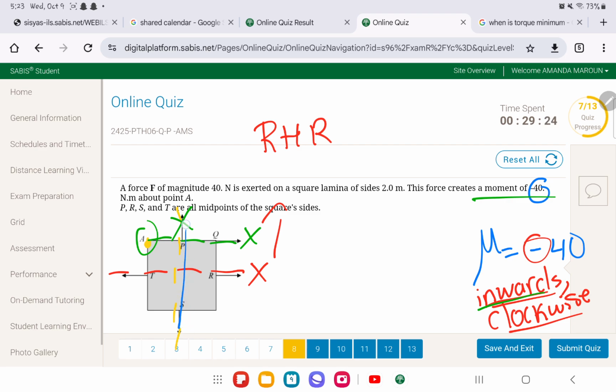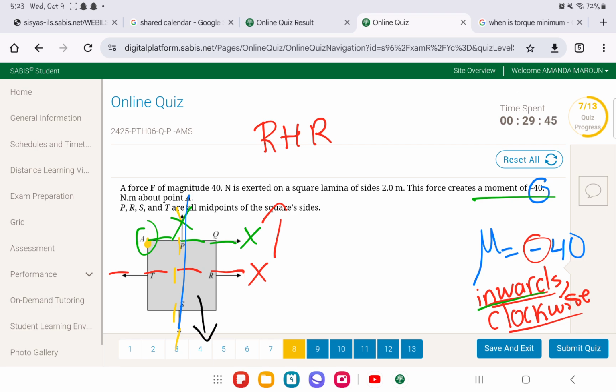S, if we prolongate S, it does not pass through our axis A, so we can use S. If you notice, S is pointing downwards. To where the arrow is pointing, we have to put our fingers.